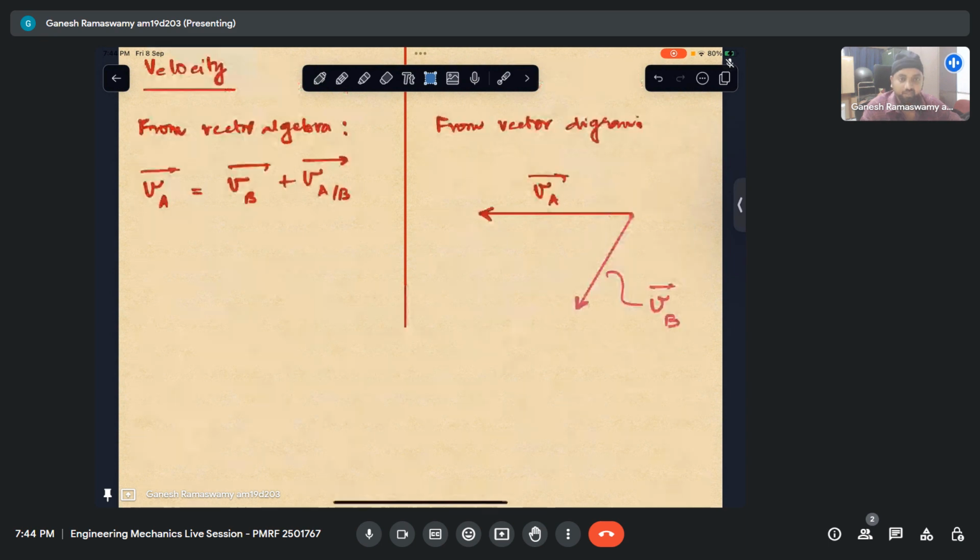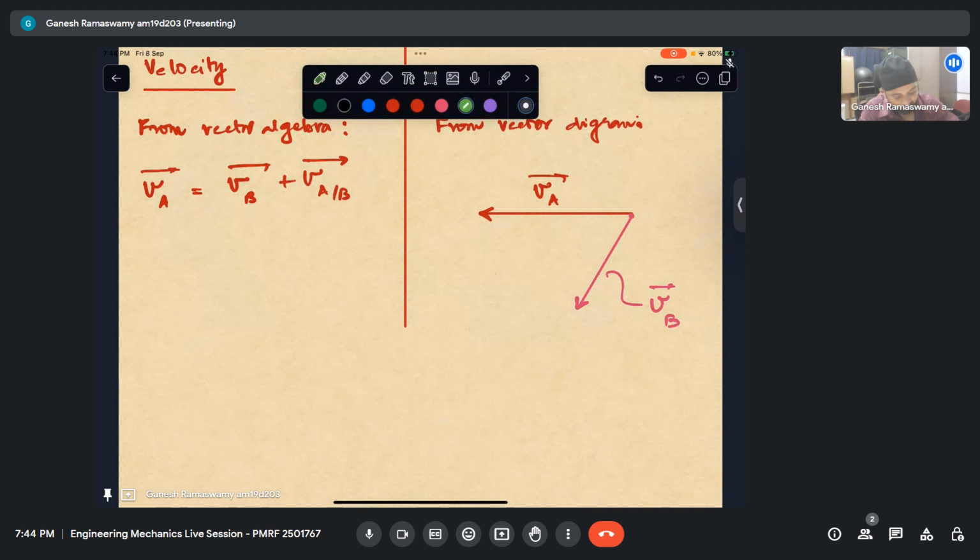So that vector which starts from here and takes it here is nothing but V of A with respect to B. This is how these two are equivalent.